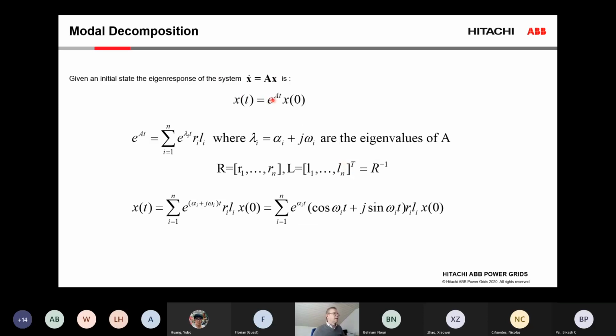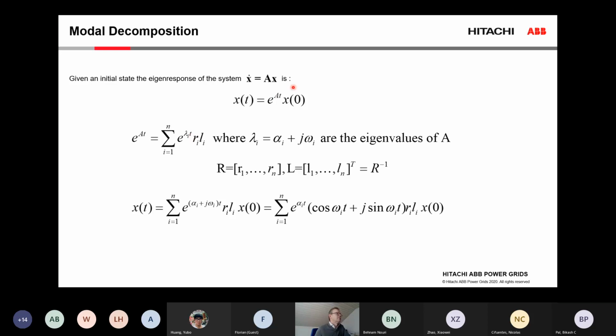And going back to those linear systems mathematics courses that most of us took, we can remember that you can calculate this matrix exponential using the eigenvalues and the eigenvectors of the matrix A. It's basically a sequence of terms, one term for each eigenvalue, and you could essentially predict the system's eigenbehavior using these equations.